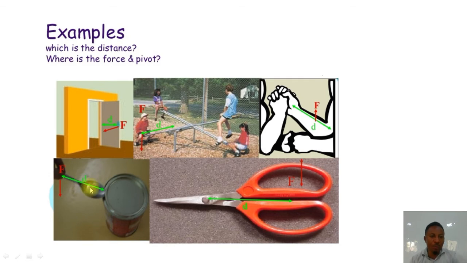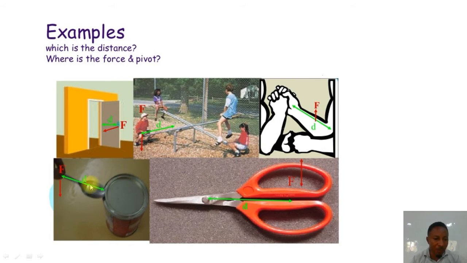Notice this one also. A spoon is used to open the cover of a can. Now notice that a downward force is applied at a distance d from the pivot. This position is the position of the pivot or fulcrum, as you may call it.